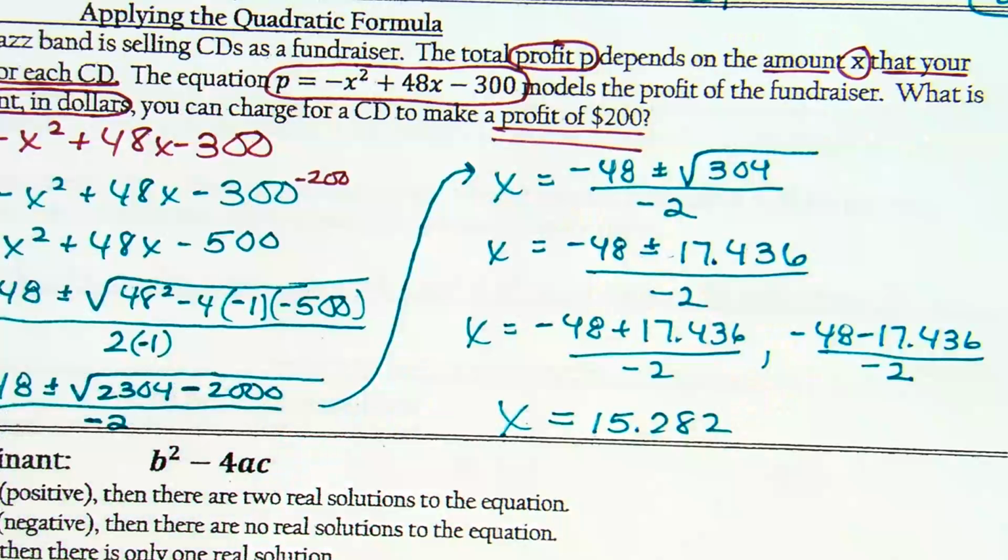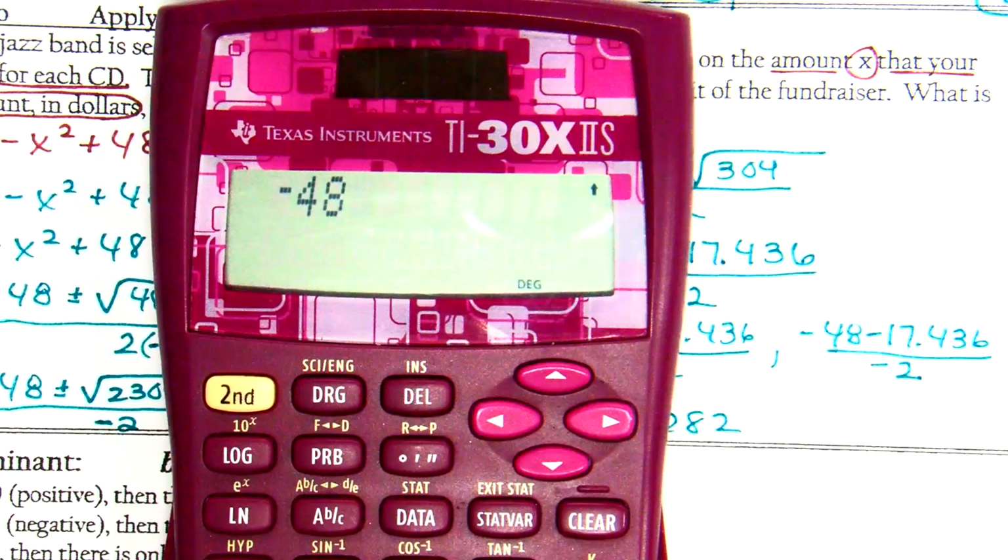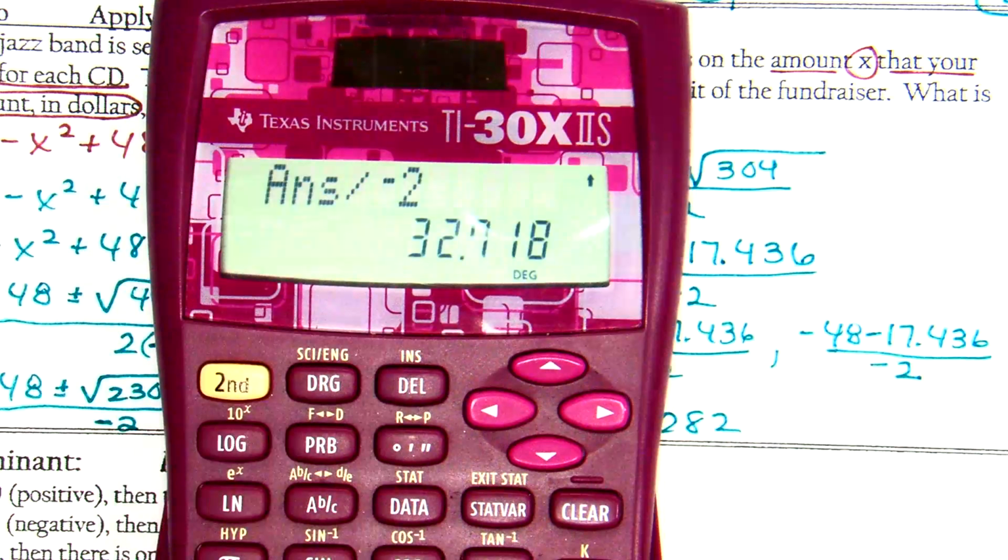Okay, what's my other one come out? Negative 48 minus 17.436. I'm going to hit equals. I'm going to divide by negative 2. 32.718.